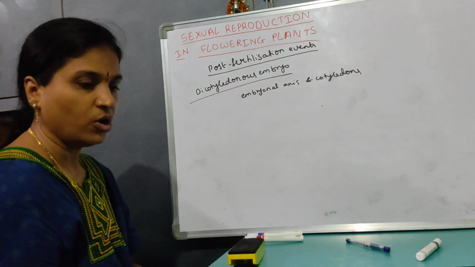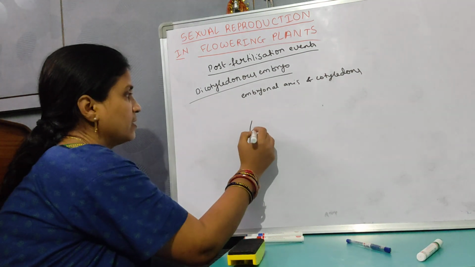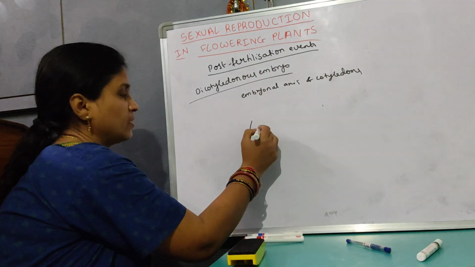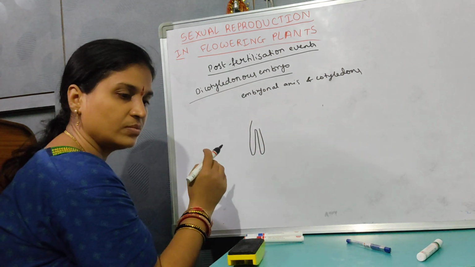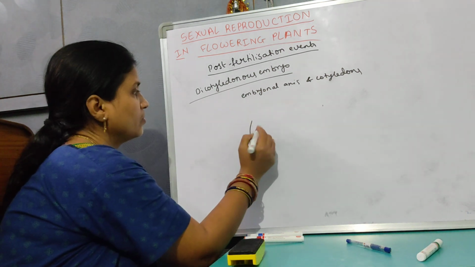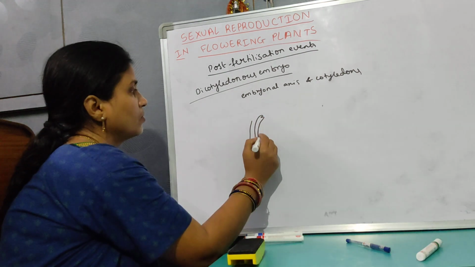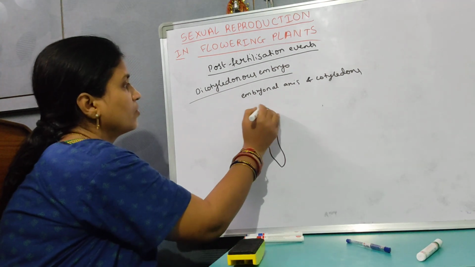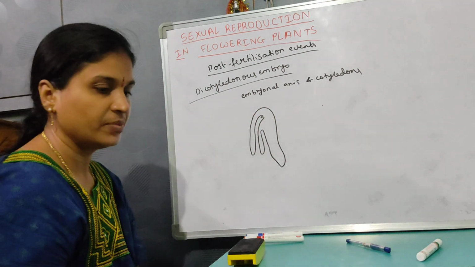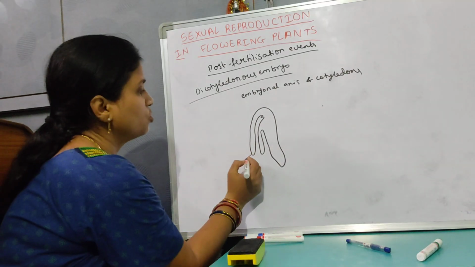Embryonal axis and cotyledons. So if you see the diagram for this, this is the diagram. So these are the 2 cotyledons.